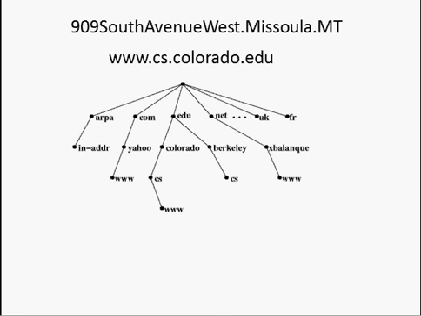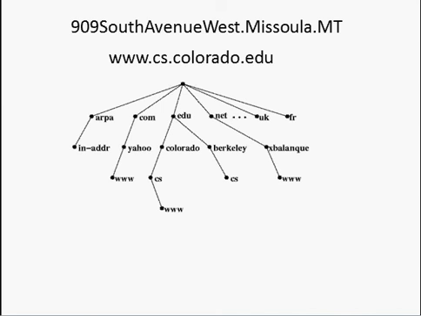If we look at that from the way it's set up on the internet, it is a hierarchy. Everything starts at a single point up on top. Through that hierarchy, we read the address backwards, just like we do if we're making a delivery. So we start at Montana, or in this case it's EDU, then we go to Colorado, and then to the computer science department, and then there's some machine out there that's known as www.